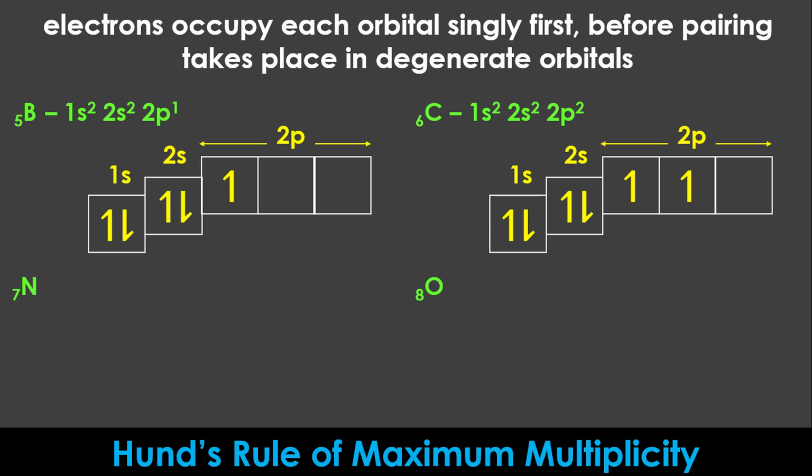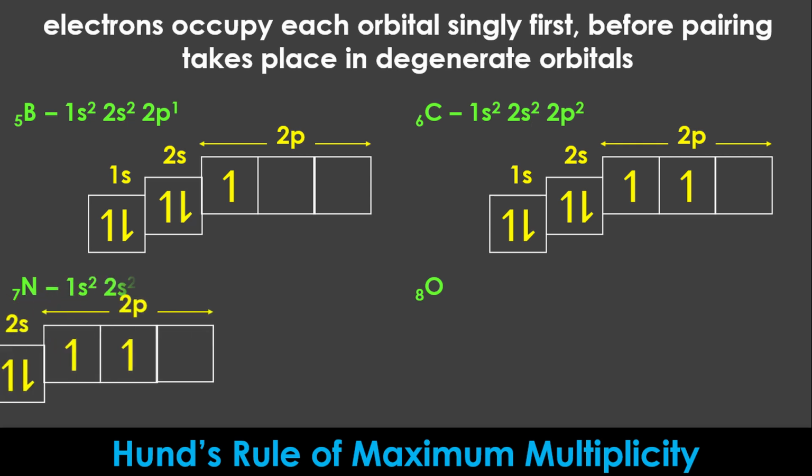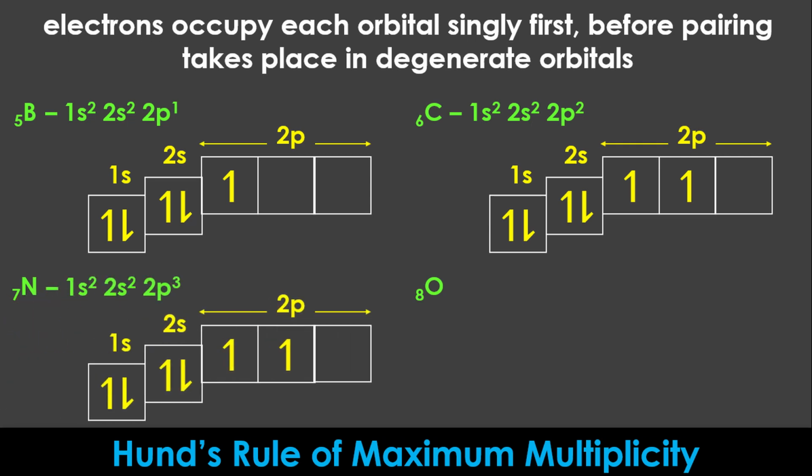Similarly, nitrogen, which has 7 electrons, has a configuration of 1s2, 2s2, 2p3. So in occupying the p orbital and in obedience to Hund's rule, the 7th electron goes into the remaining or vacant p orbital to complete the single occupancy.